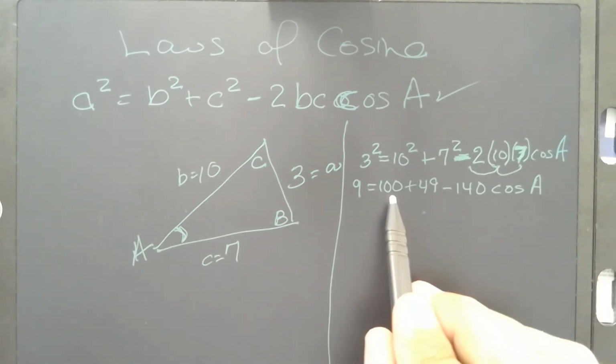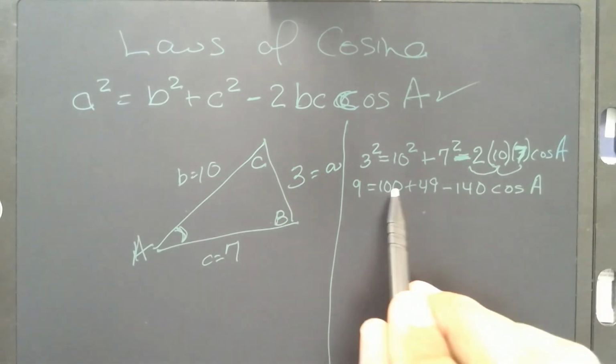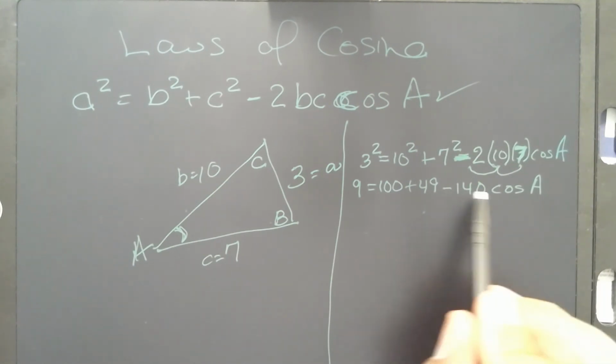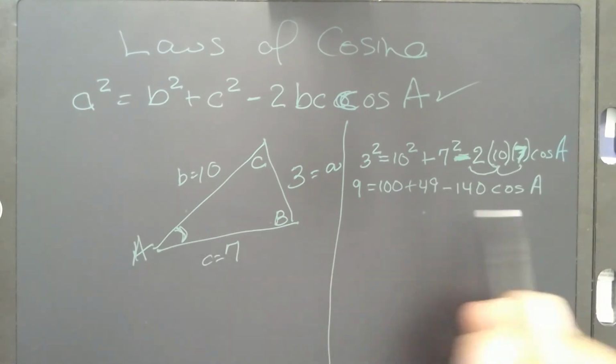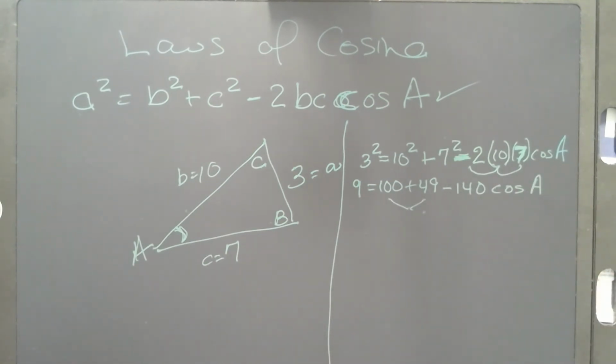Now, in this case, you cannot combine this, this, and this. Why? Because this is attached to cosine. This is an example I want to give you because my last class did this. You can combine those two. Let's say I make something up: 2 plus 3 plus 5x.